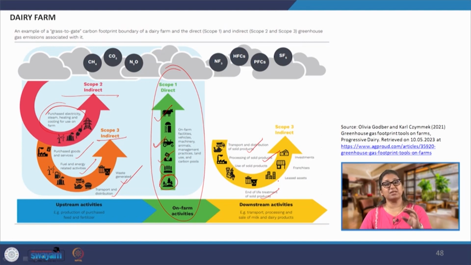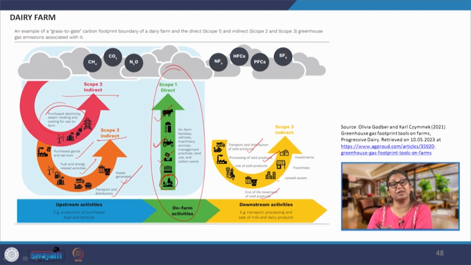Now, a lot of companies might not have a policy where they talk about end of life treatment of the products. There it will not be within the scope 3 GHG emissions, but wherever they are taking care of it, it will be part of their emission calculation.